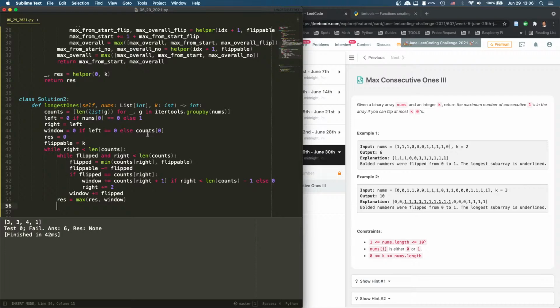And then we go through this again. So every time we flipped and then come out, right? Res equals this. Then what happens if it's not completely flipped?